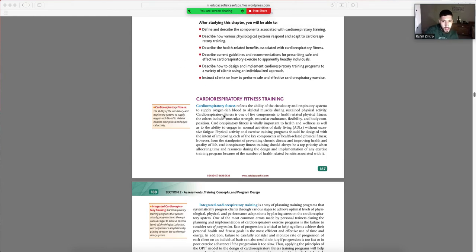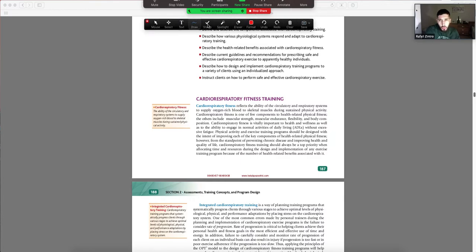Cardiorespiratory fitness is one of the 5 components of health-related physical fitness. The others include muscular strength, muscular endurance, flexibility, and body composition. So there's a couple of key factors here which make up health-related physical fitness. What I mean by this is, to have good health, okay, we first need to have our cardiorespiratory fitness, aka our cardio, one of them.